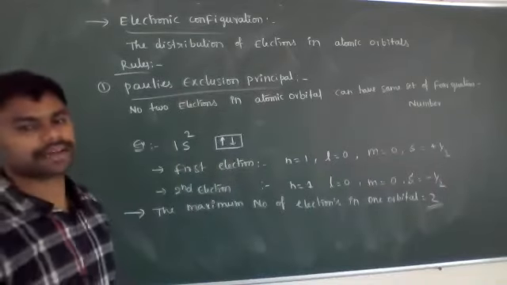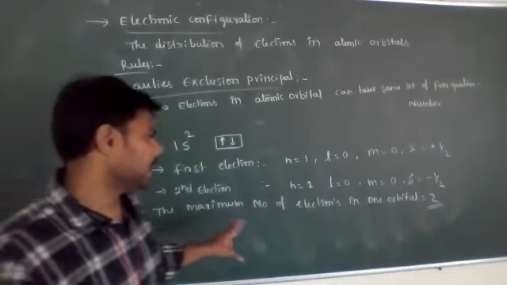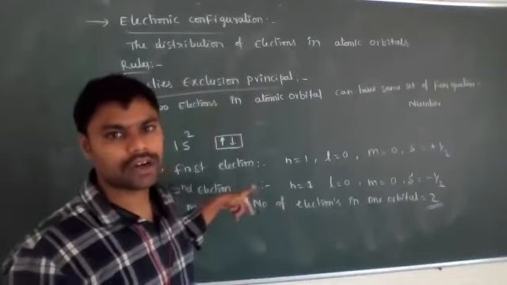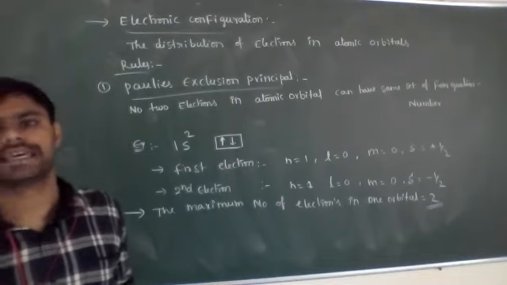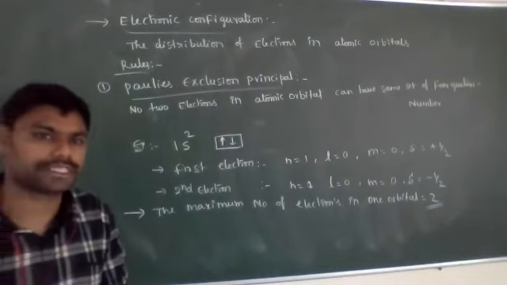Finally he proved that because of this property, no two electrons in an atomic orbital can have the same set of 4 quantum numbers. That is called Pauli's exclusion principle.